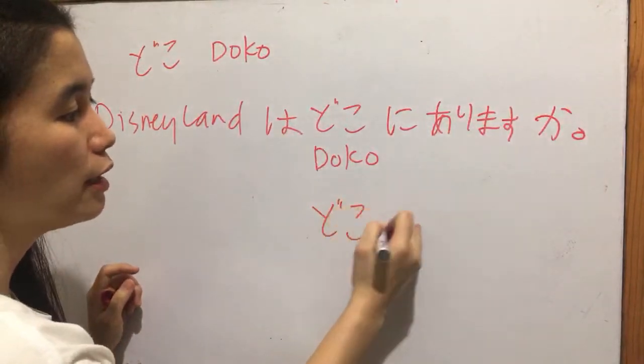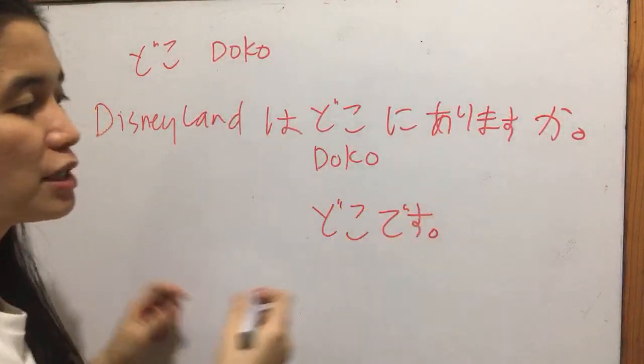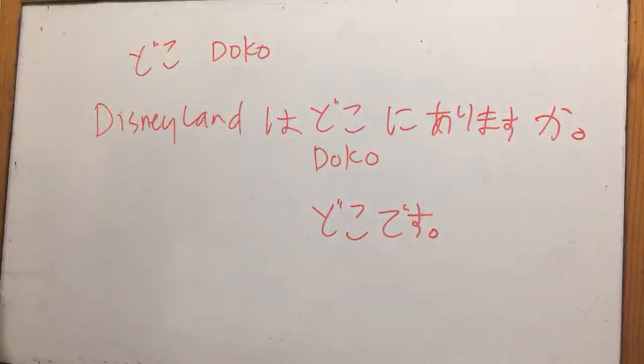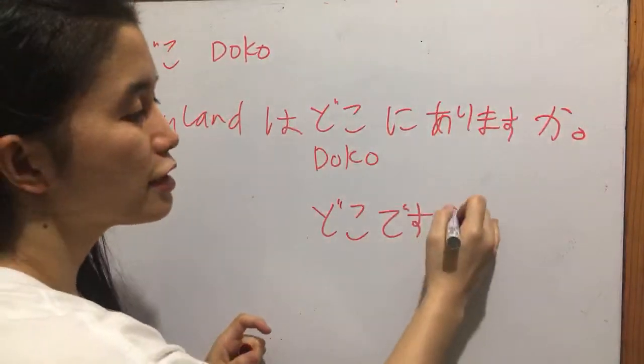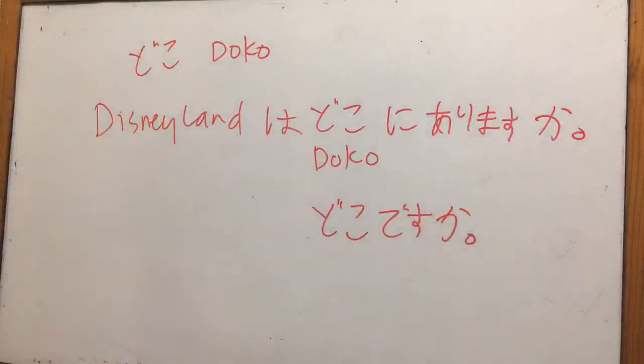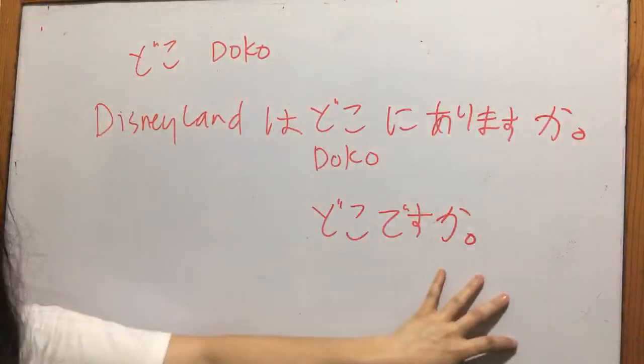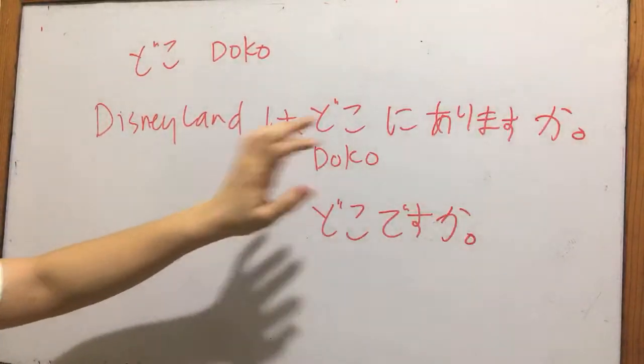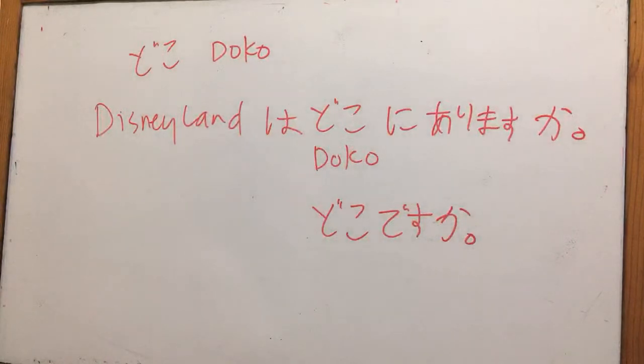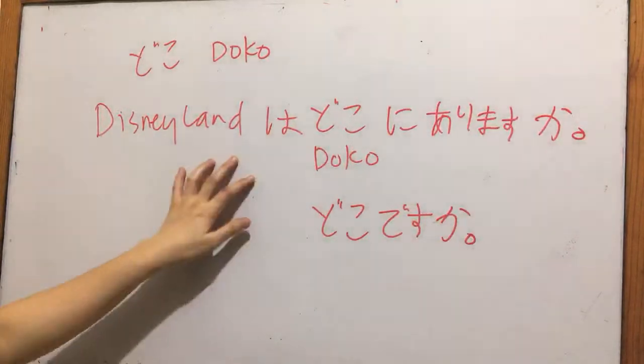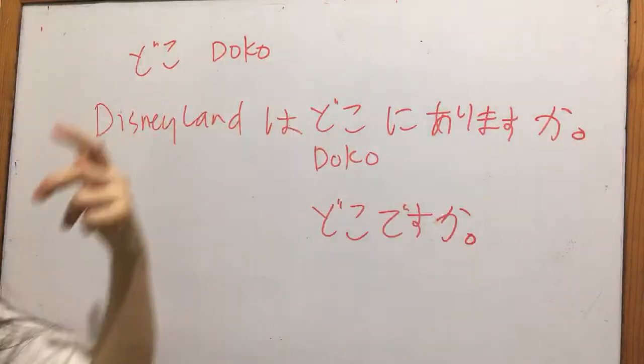Same meaning, okay? But, of course, this is a much higher level. Before, this was just our question sentence, Disneyland wa doko desu ka? And this one, doko ni arimasu ka? So, where is Disneyland? In English, that's the same.